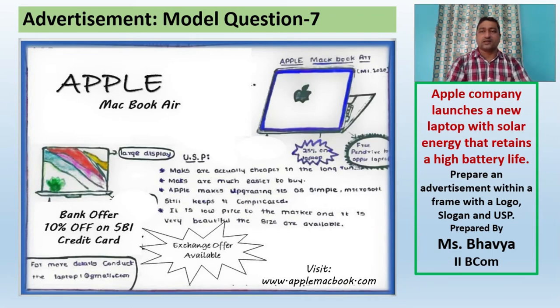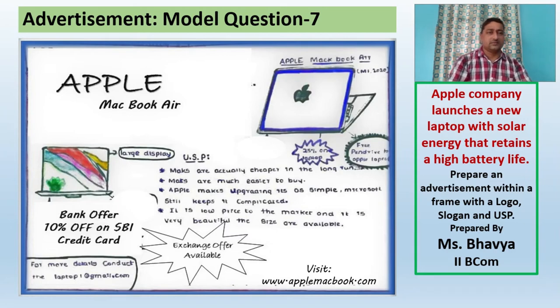That is about Apple company launching a new laptop with solar energy that retains a high battery life. There is some USP here. It's given here that a high battery life and solar energy usage itself can become a USP. This is prepared by my student Bhavya. You can see the example here. The company name is used in a font somewhat similar to the company's writing.